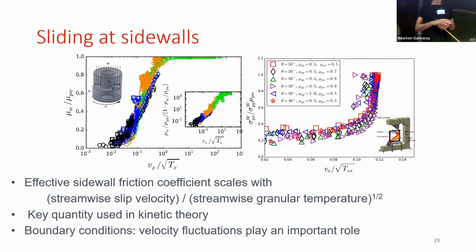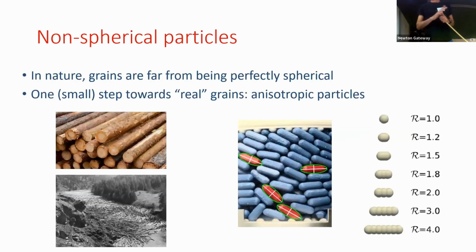As I explained to you at the beginning of my talk, if you want to use particles with complex shapes like real rocks, it is quite complicated. So what we have done is that we restrict ourselves to elongated particles, which are simpler to describe.